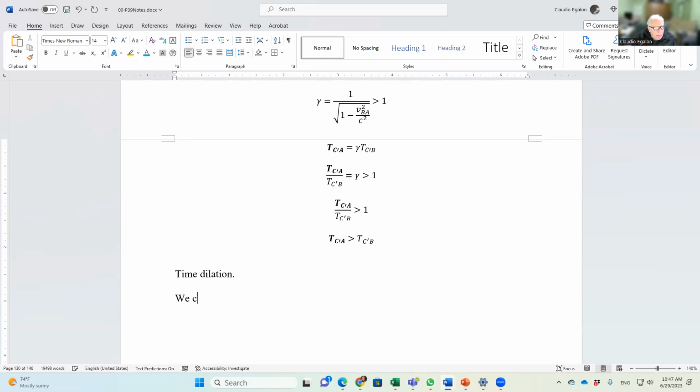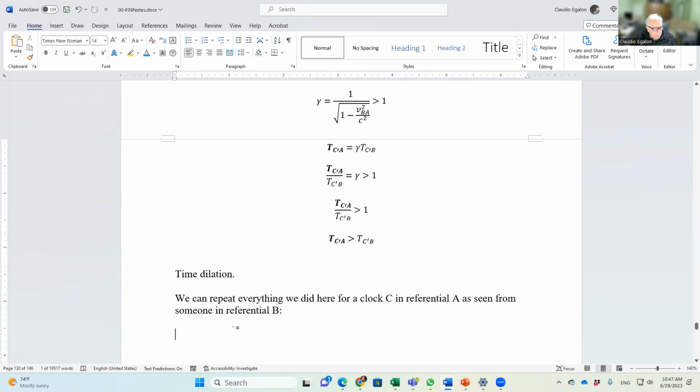We can repeat everything we did here for referential B, for a clock T in referential A, as seen from someone in referential B. And when we go through the whole derivation, what did we find?